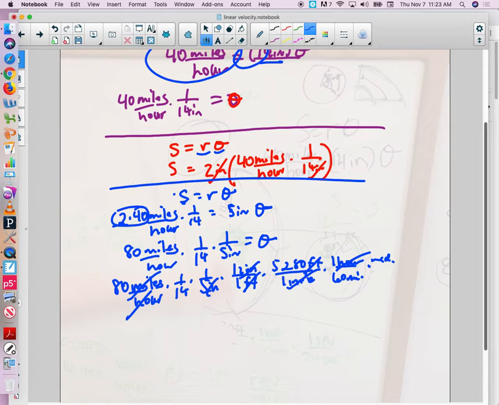So my final step is I've got to change it to RPM, which always means revolutions. So I'm going to say 1 revolution has what? 2 pi radians. And so I'm going to say 80 times 12 times 5280 divided by 14 times 60 times 2 pi. I think that's all the numbers.